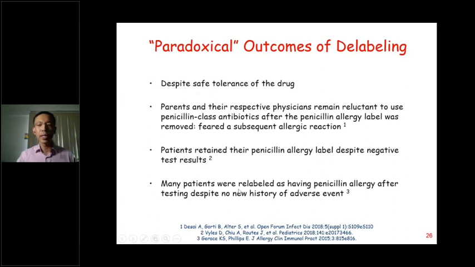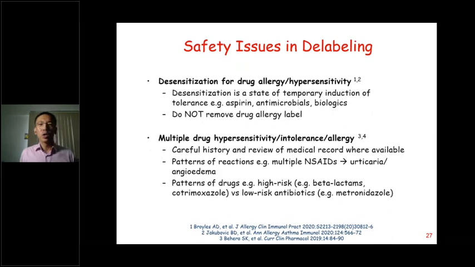And worse still is that sometimes patients become relabeled as having a penicillin allergy again after testing, despite no new history of the adverse event. So I think as long as we bear in mind the safety issues in delabeling, things should be fairly safe.